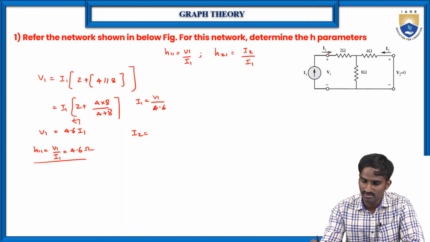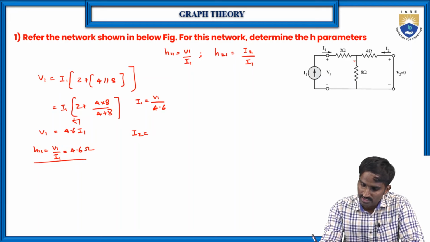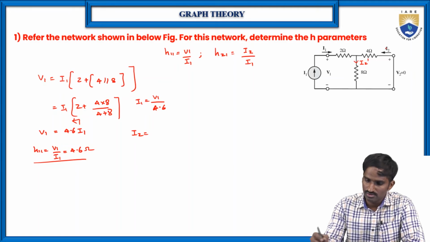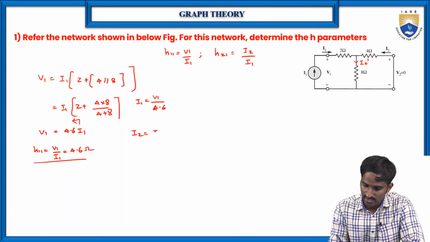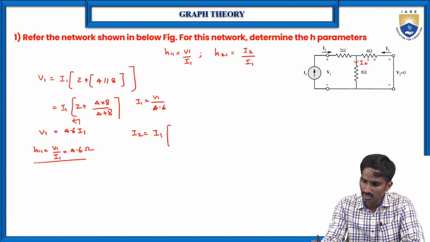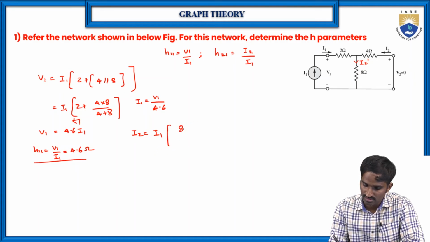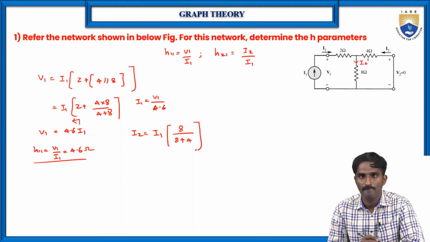Let us consider I1, and this is some I2 dash, and this is I2. If you want to find I2, then the total current I1 into the opposite resistor, here it is 8 by 8 plus 4, right?